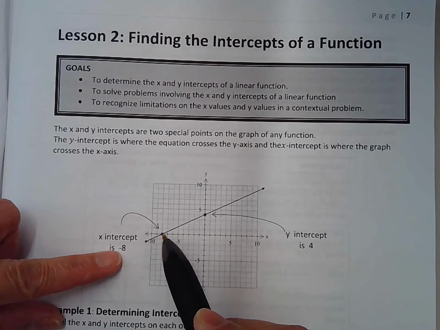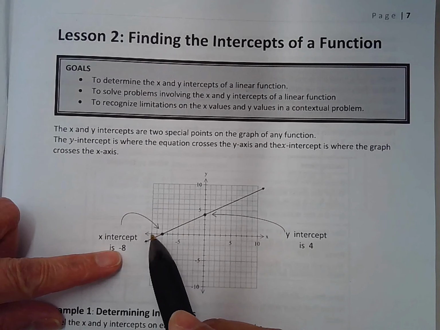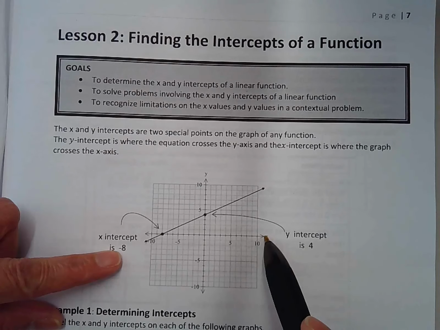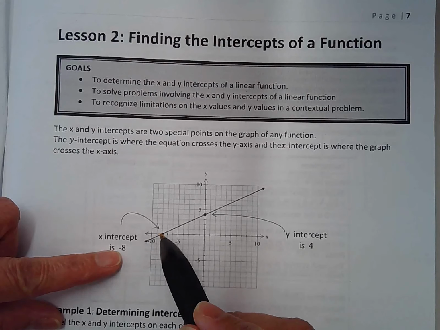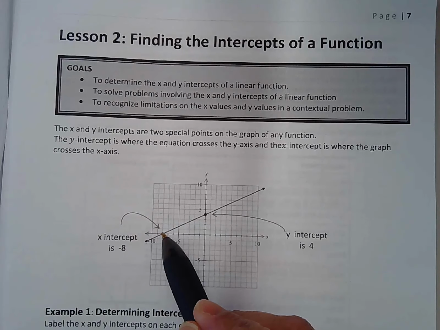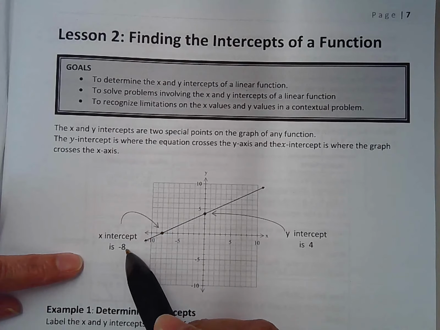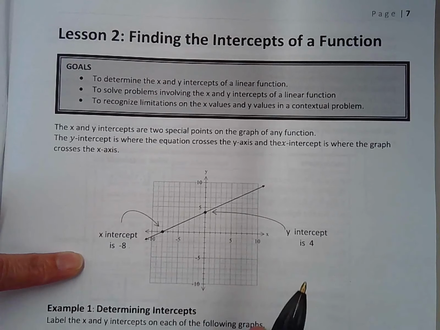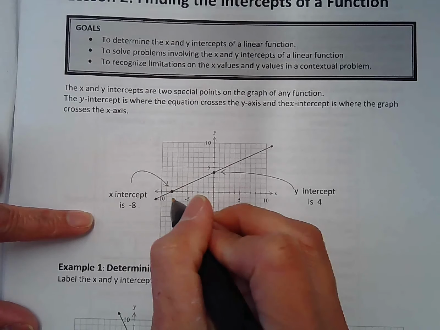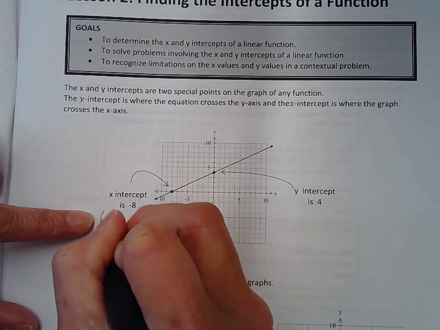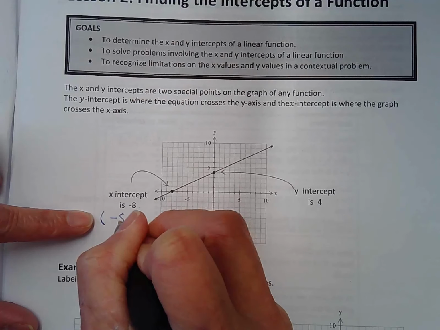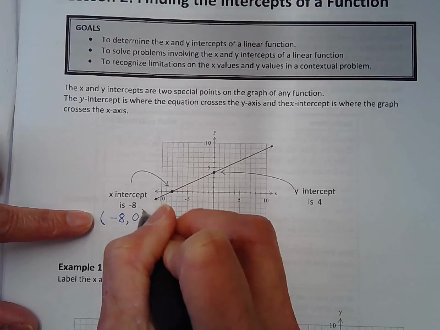So in this particular case, here's our x-axis and here's our graph. They intersect or intercept at -8. So we can say, what's the coordinate of this? It's -8, 0.